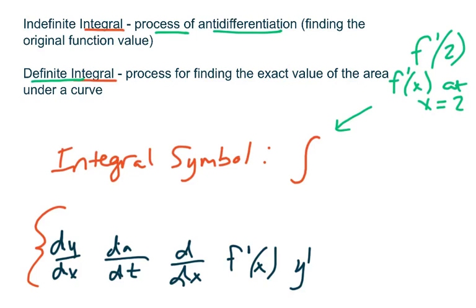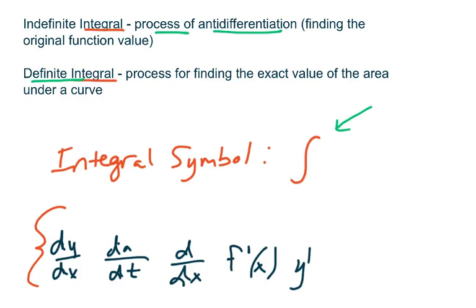So then we're finding the slope at a certain x value, so it's specific just to x equals 2. Okay? It's not the function anymore that's going to tell us any value. We just end up with one value at x equals 2. Well, that's what the definite integral does for us in the antiderivative process. We would find the exact area over the interval that we're looking at.